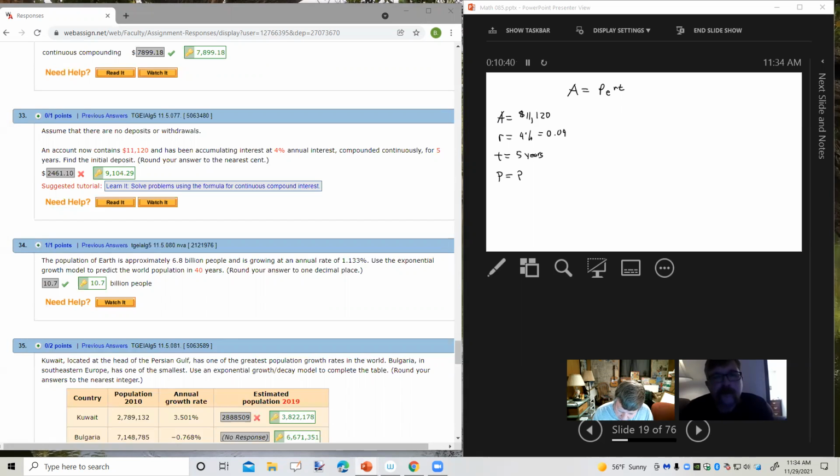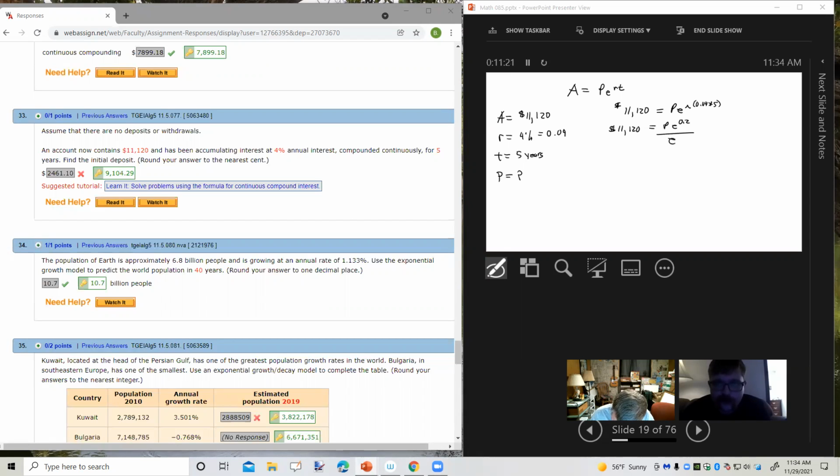Okay, so putting these numbers in to replace the variables in the formula, we get the following. $11,120 equals P times e to the 0.04 times 5 years, which is $11,120 equals P times e to the, so let's see, 0.04 times 5 is 0.2 power.